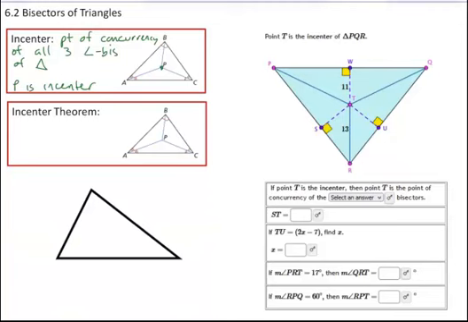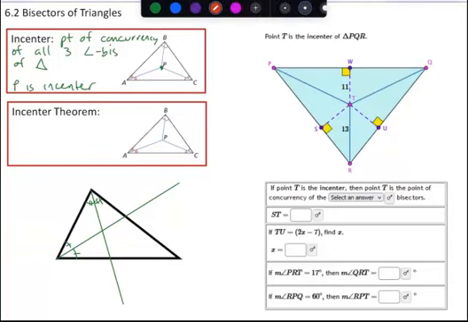Okay, so let's look and again kind of see what this looks like. So if you took a triangle and you drew in angle bisectors. So again, I'm just going to go by the eye test. I'm going to bisect this angle. I'm going to do the same thing here. Again, this angle and this angle are the same, which tells me right now, once I find 2 of them, I should be good. That third one should pass through the same point as well.